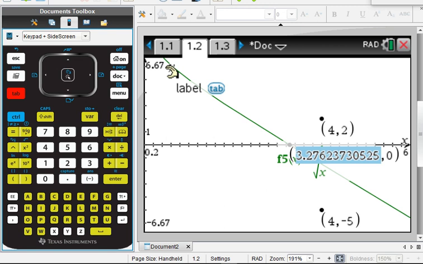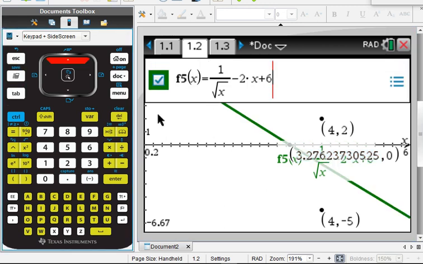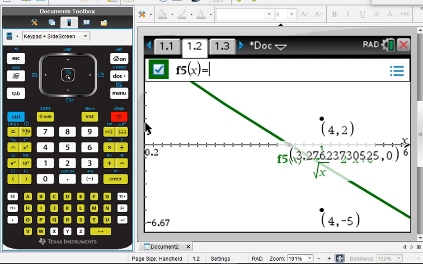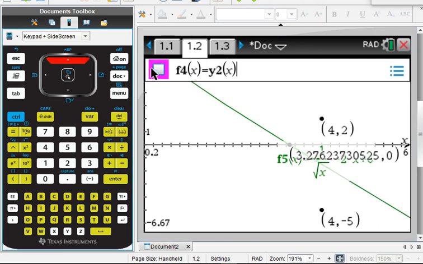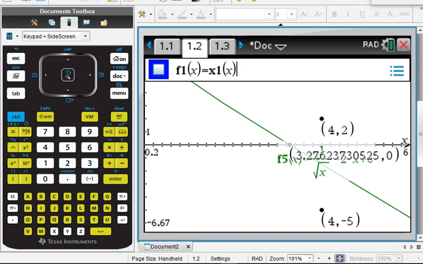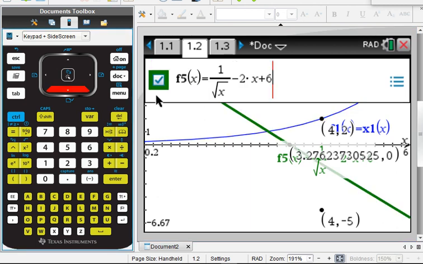So for the Inspire again, you can go to the regular function here, and go tab. Oops. And let's delete these out of here. Go control clear to get out of there. Clear, clear. The only one left in there is this one. For some reason F5 didn't clear out for me.